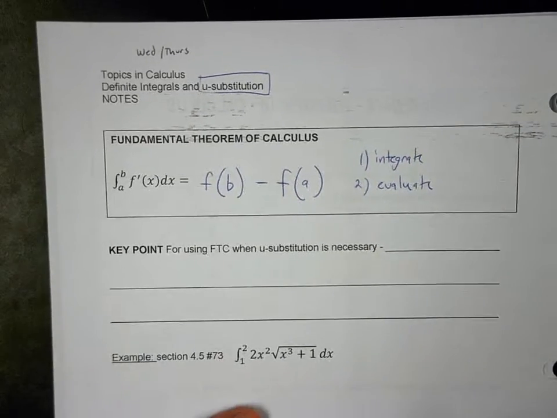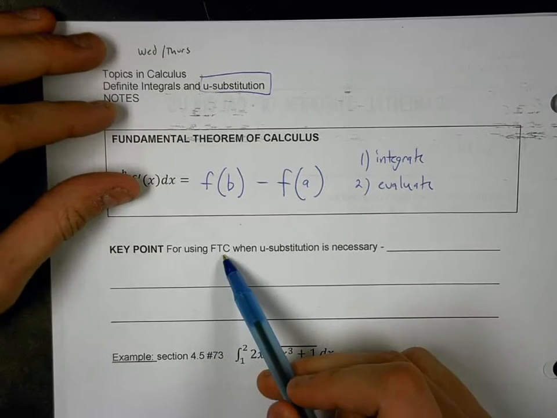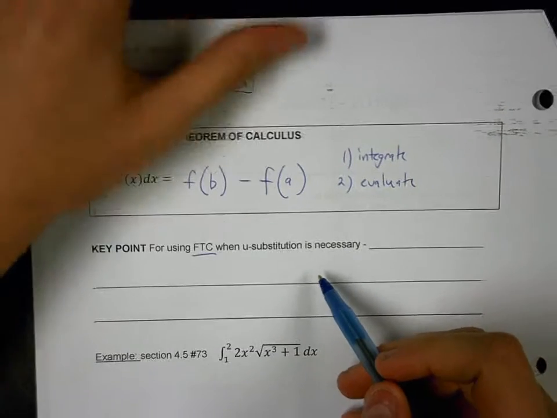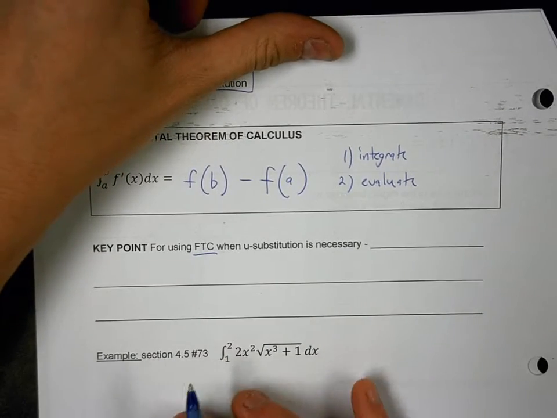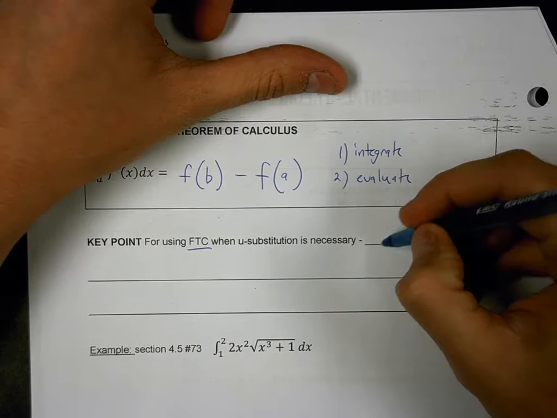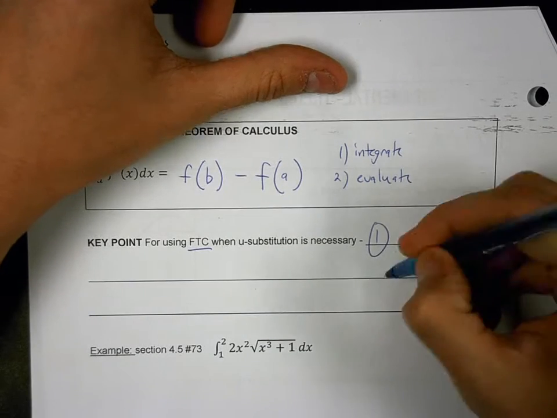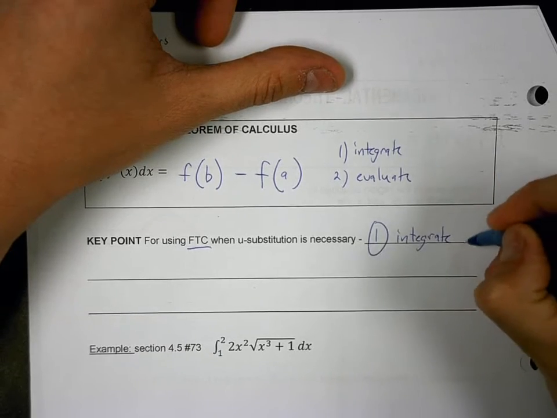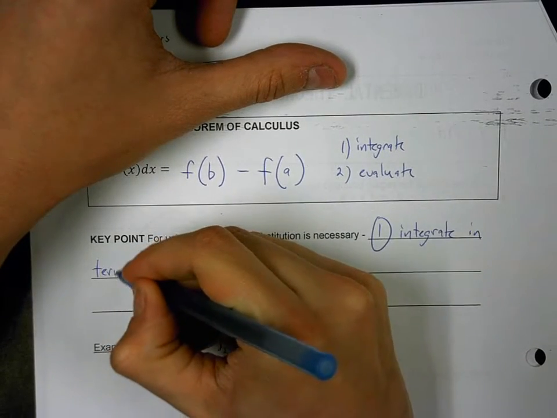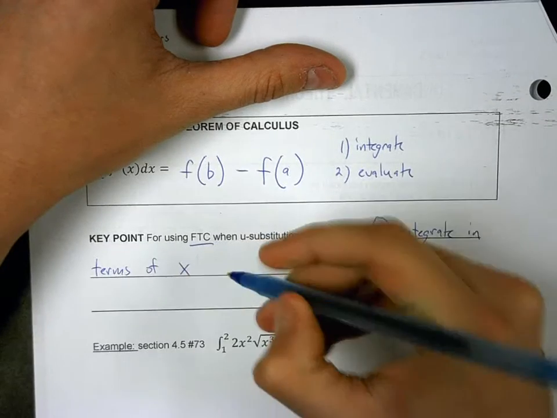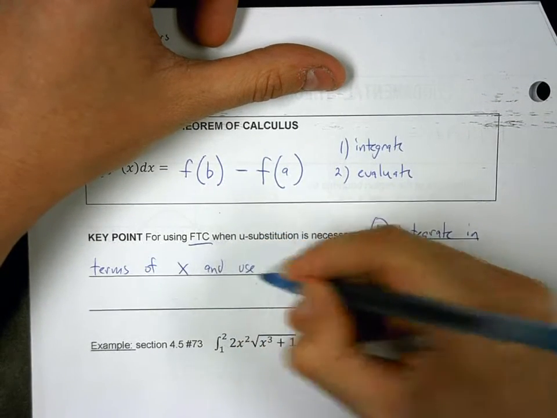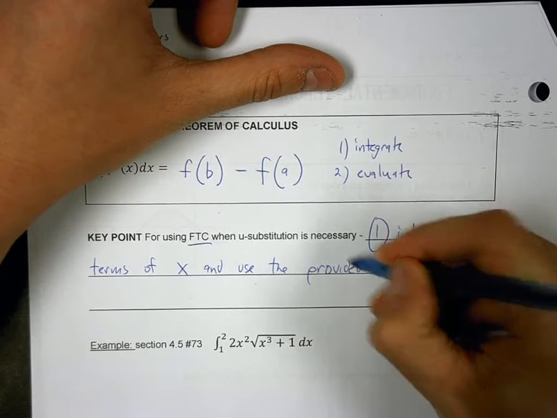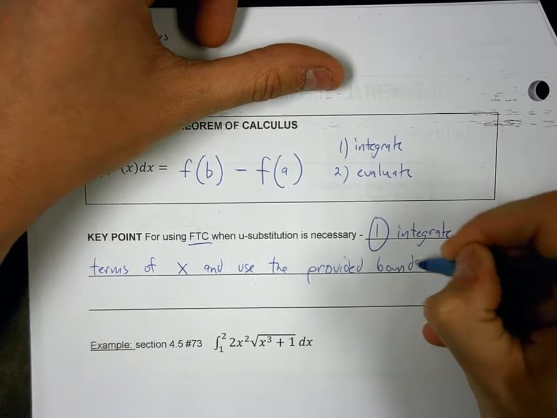Alright? The key point for when using fundamental theorem of calculus, when U substitution is necessary, is this. And now we're going to write it, and then I'll make it come to life down here with this example. Okay? You can do it one of two ways. You can integrate in terms of x and use the provided bounds. And I hope you know what I mean by bounds.